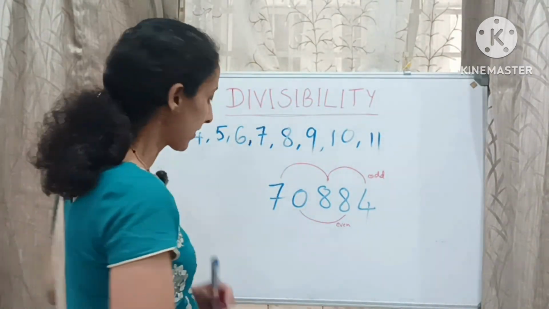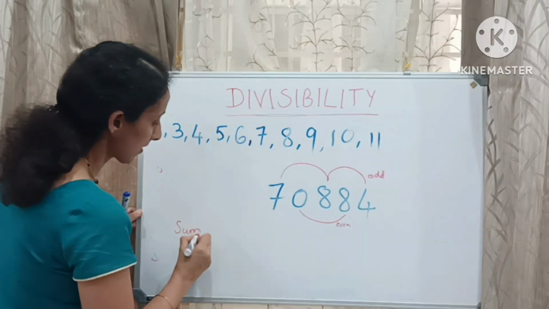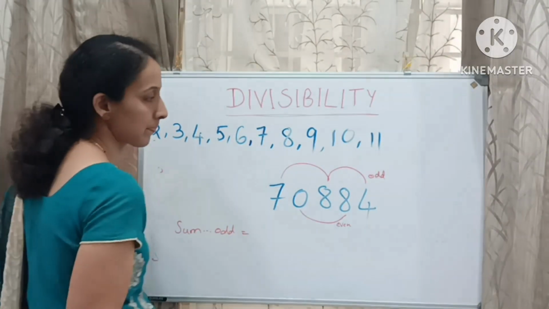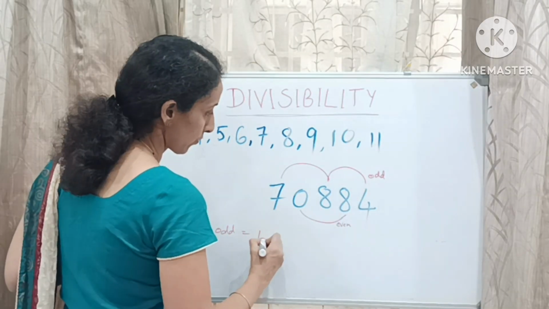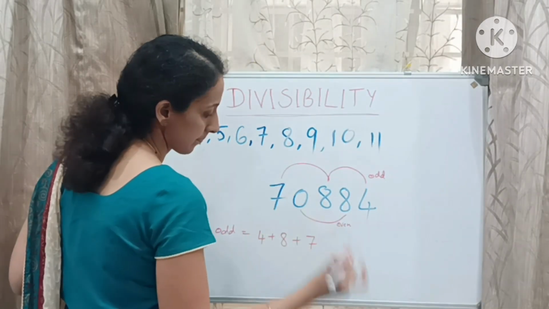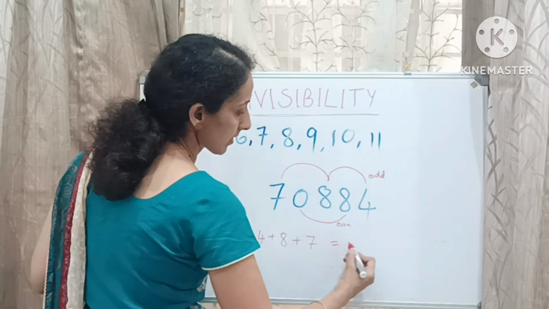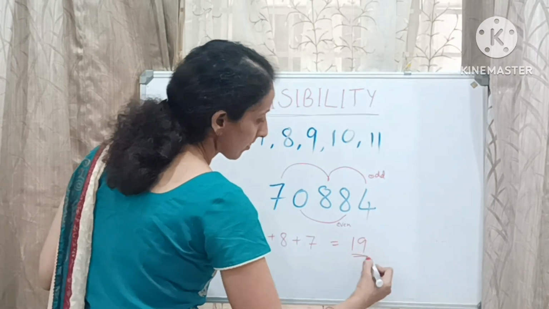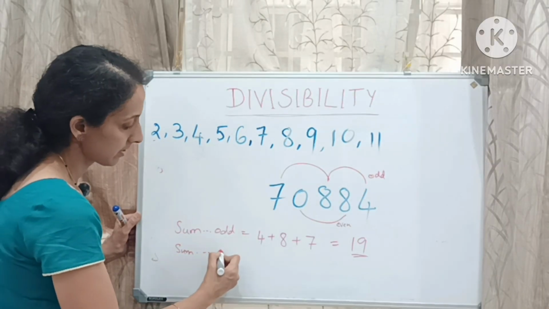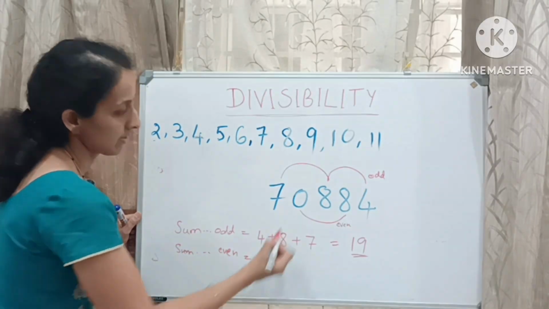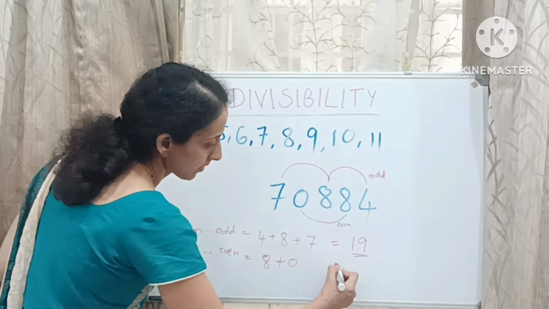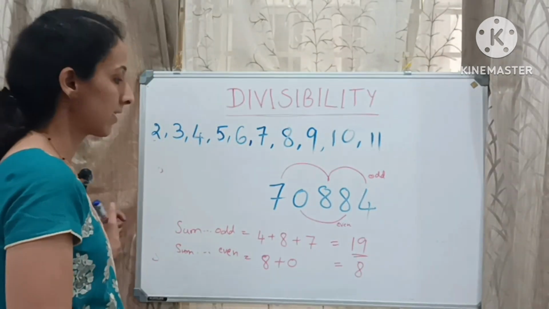Now let's find the sum of digits in odd places, that is 4 plus 8 plus 7, 12 plus 7 is 19, and sum of digits in even places, that is 8 plus 0, that is 8.